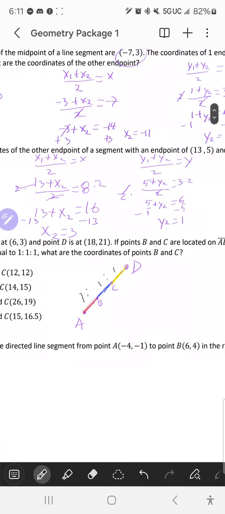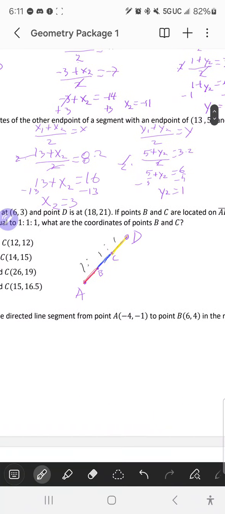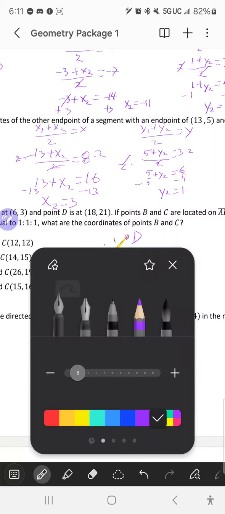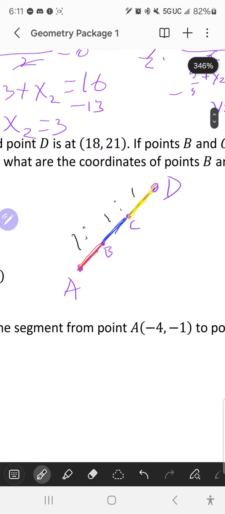So basically what we can do to know the coordinates of point B and C, I can call it a little bit of logic. I want to know the average rate of change. I don't know if that's the correct name, but it's basically how much the x changes from here to here and how much the y changes from here to here.